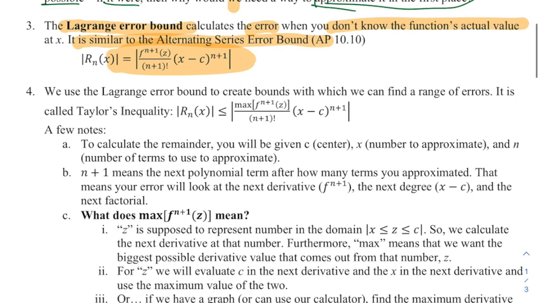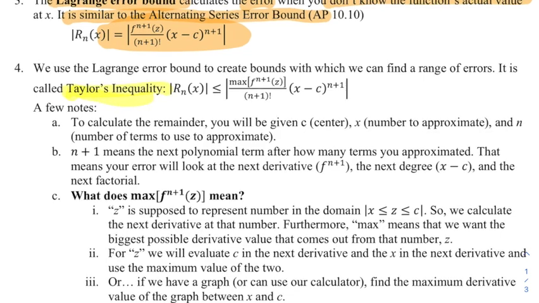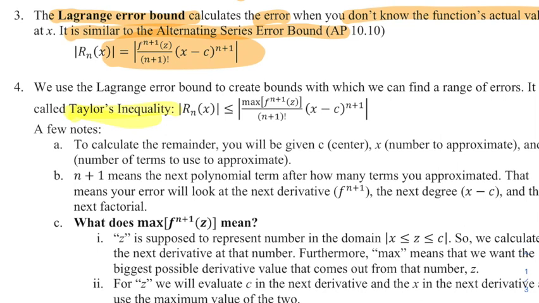Okay, so number 4, we use the Lagrange error bound to create bounds with which we can find a range of errors. And specifically, those bounds, like the lower possibility and the upper possibility, are called Taylor's inequality. So Lagrange error bound, Taylor's inequality, just the same idea.